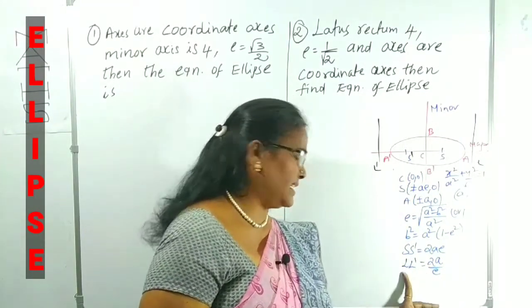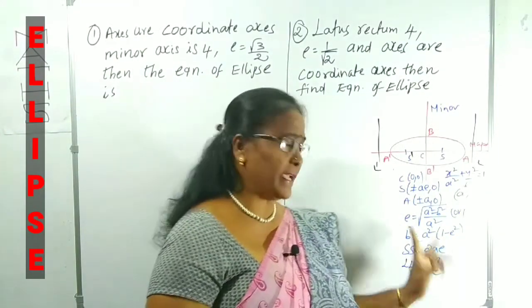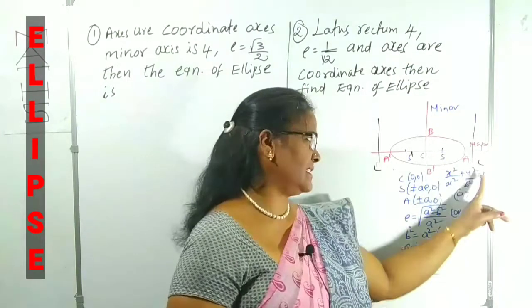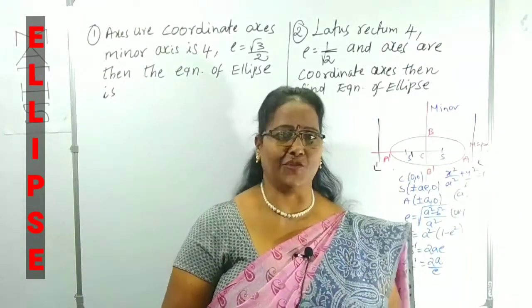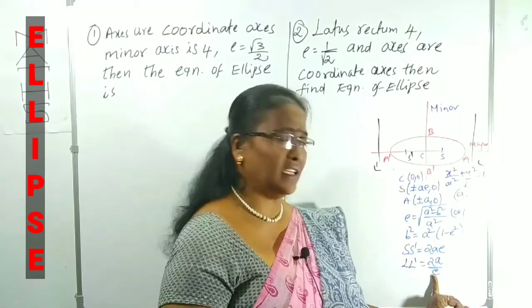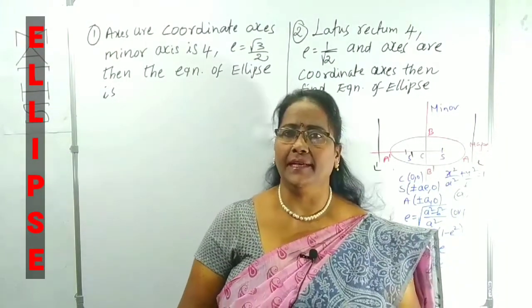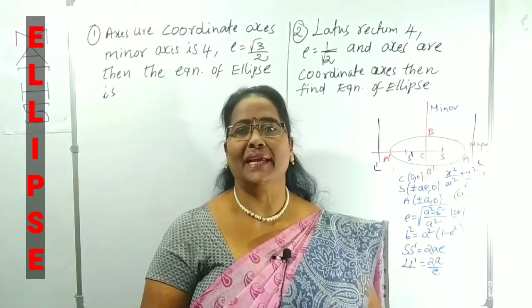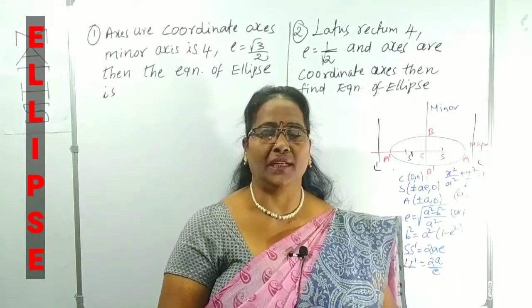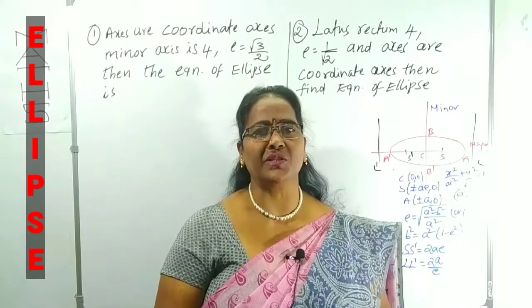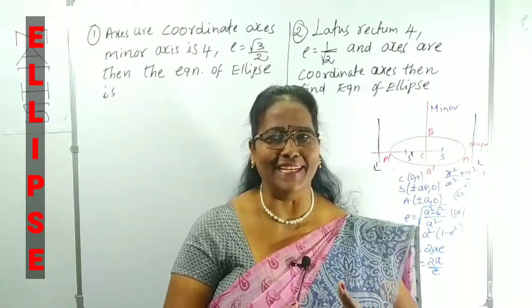The distance between the directrices is 2A by E, and there will be equations of the directrices also, and equations of the latus rectum, all of which we can use wherever we need, right?